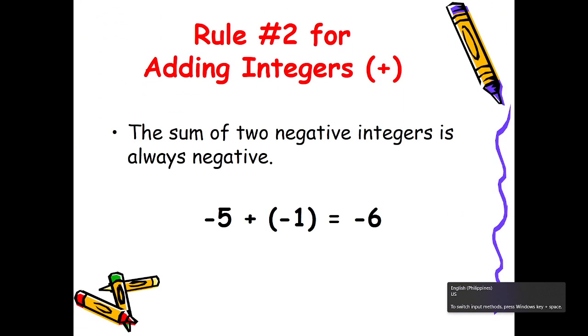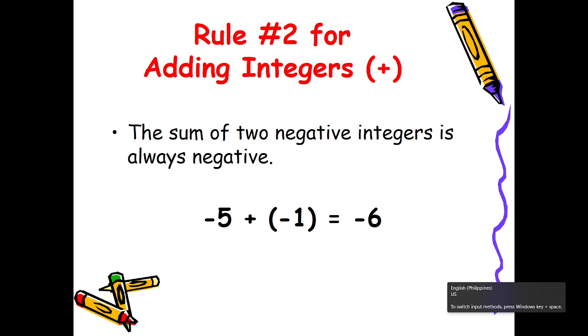The next rule is that when we add two negative integers, the sum of these two negative integers is always negative. As an example here, we have -5 plus -1. Now we can have this rule shortened: we just simply ignore the sign and we simply add the numbers.